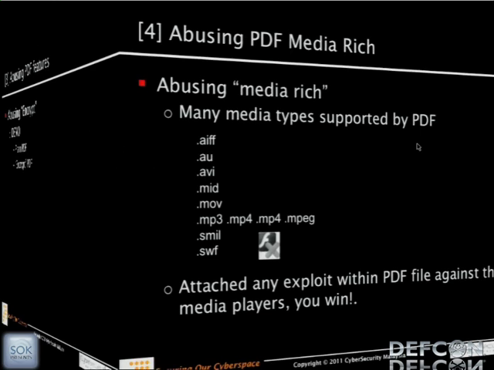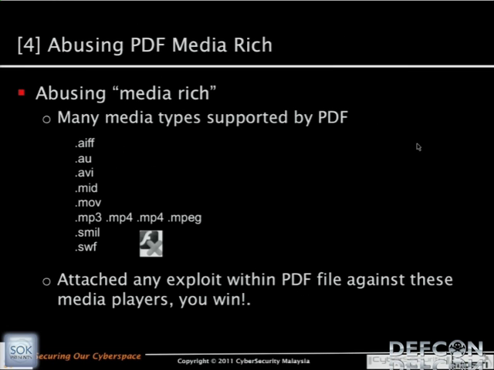All right. So the fourth one that we normally see within PDF applications is the attempt to use the media richness of the PDF reader, because they support many media types. Pretty much you can embed a couple of media, for example AIF, .mov, .mp3, and even now SWF.